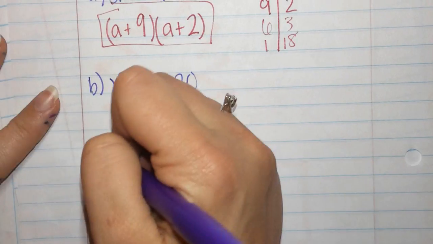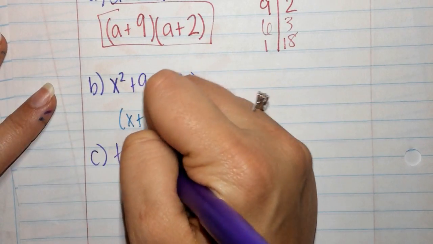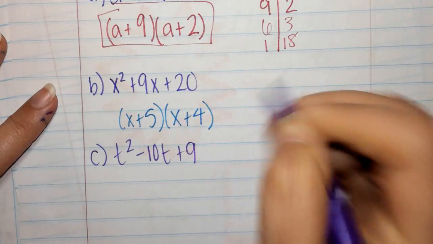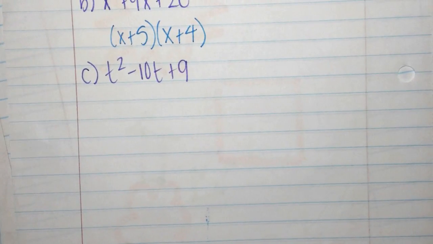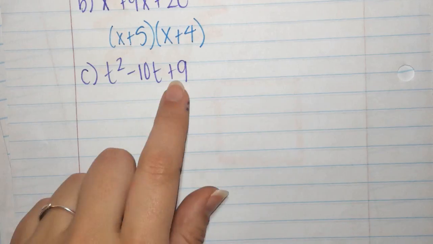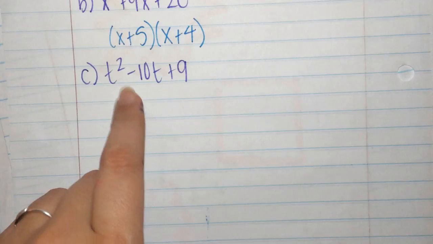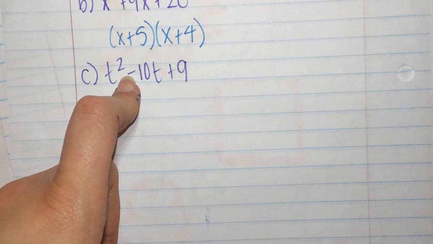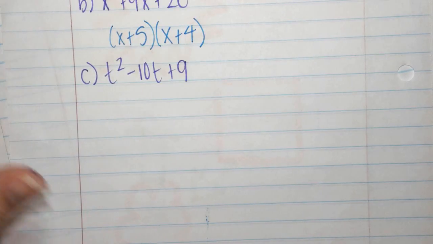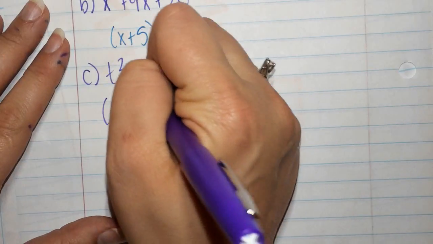Alright. t squared minus 10t plus 9. Now, this time we have a minus in there, but is c positive? Yes. So then all the signs are going to match b. So what are the signs inside our parentheses going to be this time? Negative. Awesome. Try it without me.